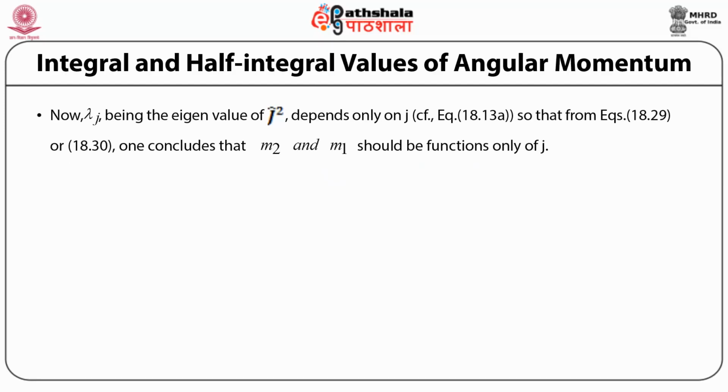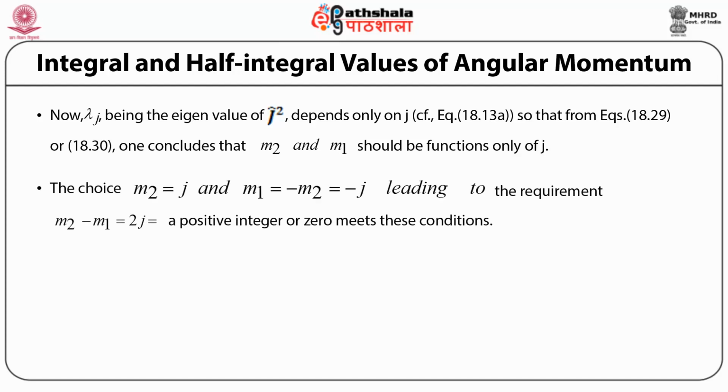Now lambda j, being the eigenvalue of operator j square, depends only on j. So from equations 29 and 30, one concludes that m2 and m1 should be functions only of j.